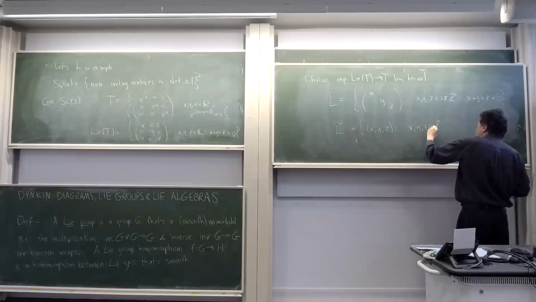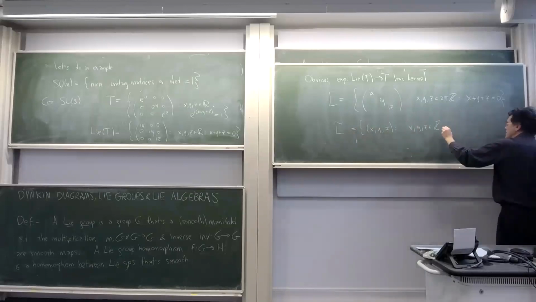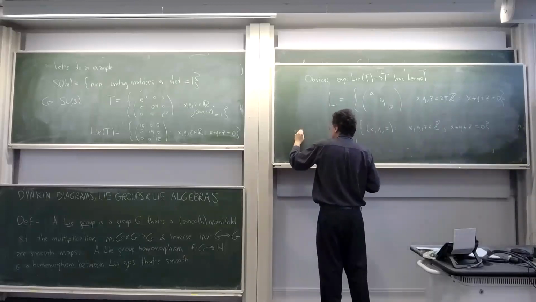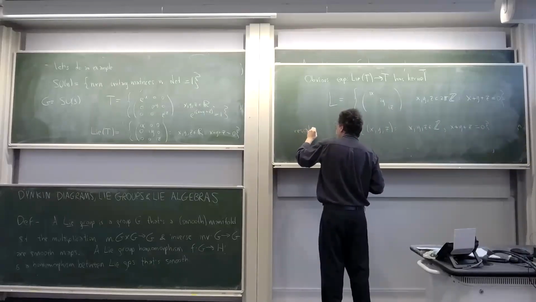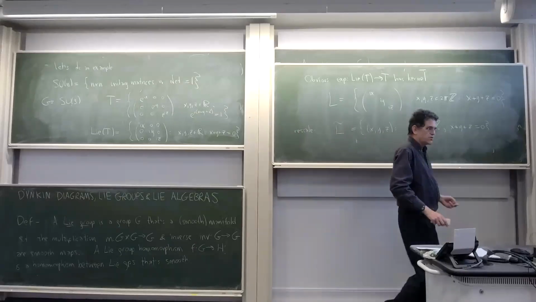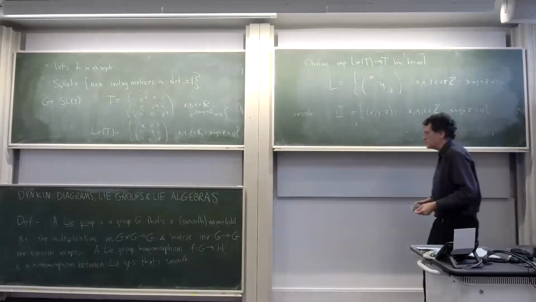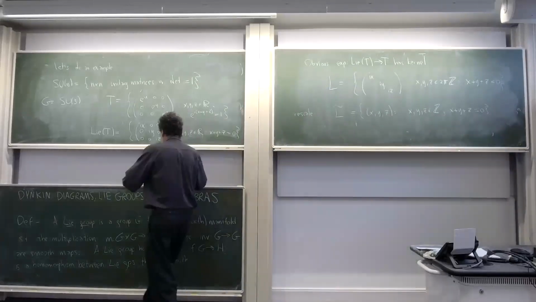I'm dividing by 2 pi here just for convenience, and they sum to 0. So what I've just done is rescaled our lattice, and I'm now thinking of it as sitting in R3. But what does it look like? That's the thing I'm aiming at here.